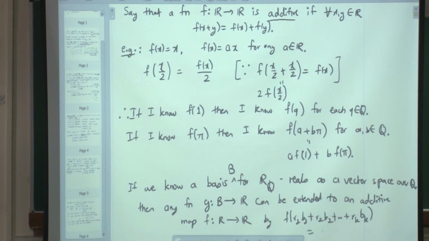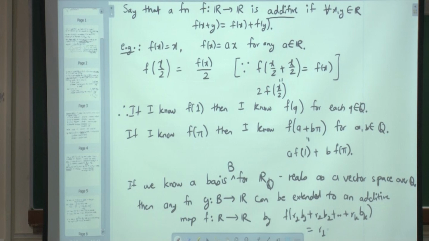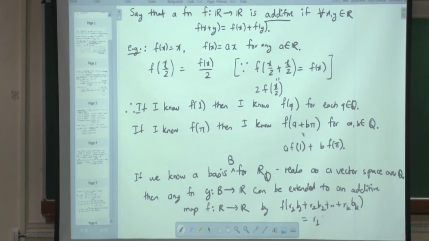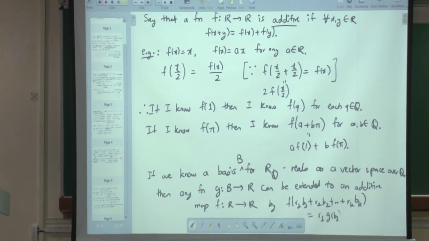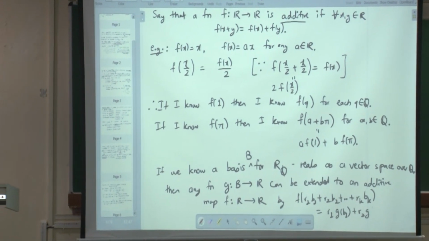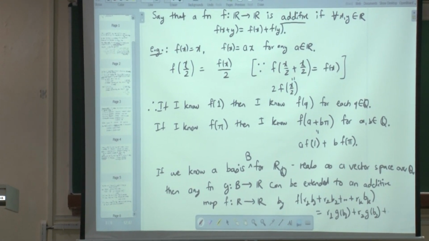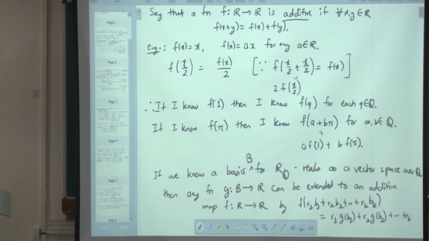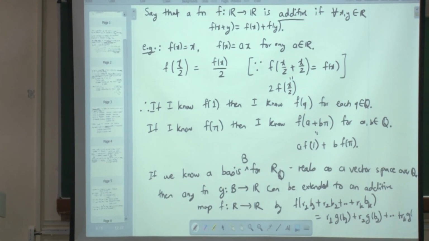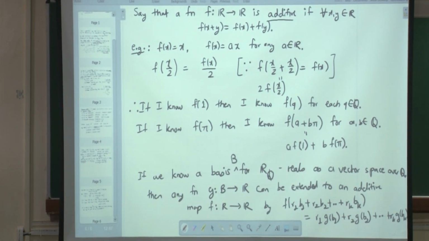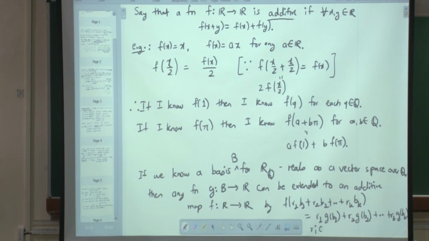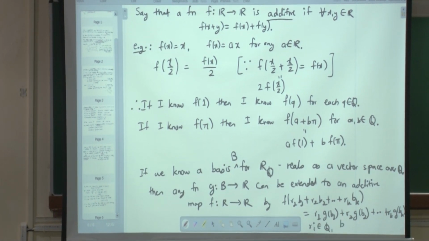It is r1 times G of b1 plus r2 times G of b2 plus rk multiplied by G of bk, where the ri are from rationals and the bi are from the basis set.